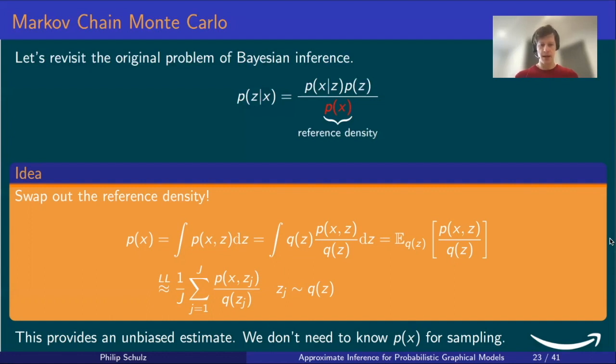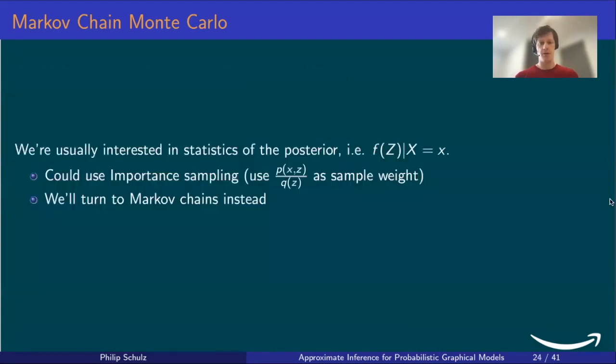There are a couple of limitations here. So first of all, we're only computing a density, a marginal over X. But really what we care about most of the time is some statistic of the posterior, right? Where the posterior is over Z and X is just the data that we have observed. Now, there is a technique called importance sampling, where we're actually using this ratio P(x,z) over Q(z) for each sample as a weight.